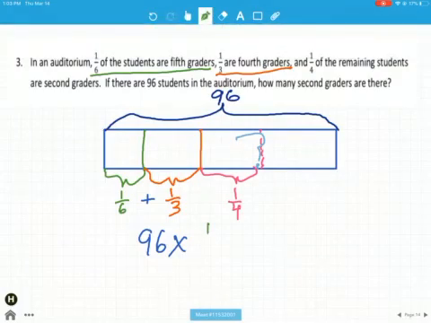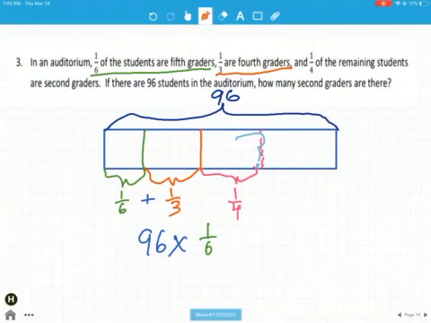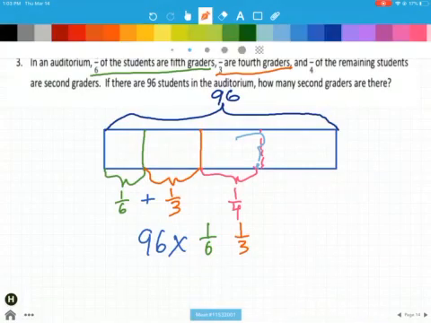So we have the 1/6 and the 1/3, and we're going to add them together to get how many students are 5th grade and 4th grade.